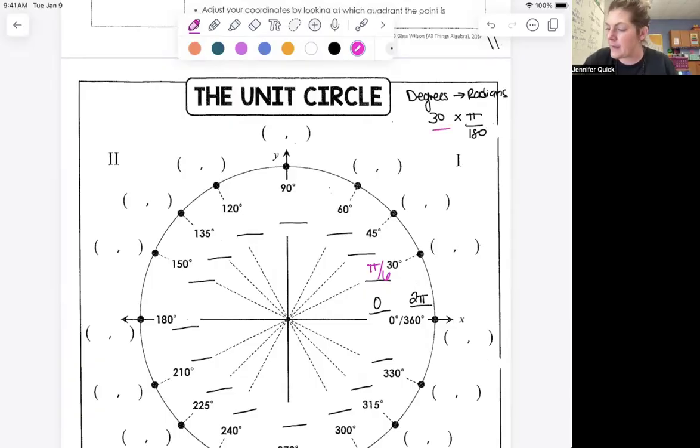Because again, from the rationals unit, I multiply fractions, top with bottom. So this would be 30 pi over 180, and we would reduce the 30 over 180. Cool, 45 divided by 180, math, enter, enter, pi over 4.